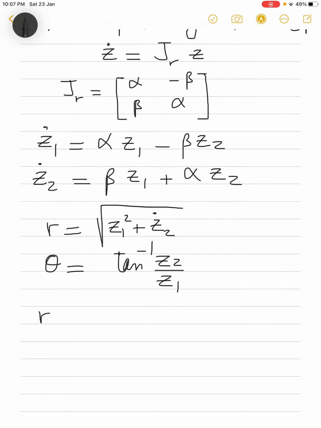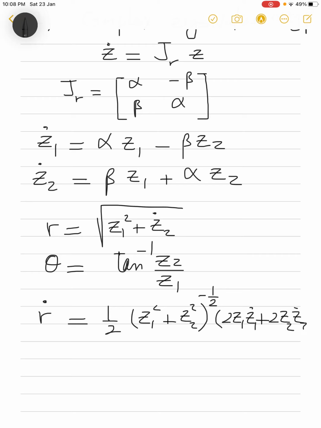So let us find r dot. R dot in our case would be 1/2 z1 squared plus z2 squared to the power minus 1 over 2, and that should be multiplied by 2 z1 z1 dot plus 2 z2 z2 dot, and of course we can calculate z1 times z1 dot by direct multiplying first equation here by z1, and second equation we'll use it to calculate z2 times z2 dot.